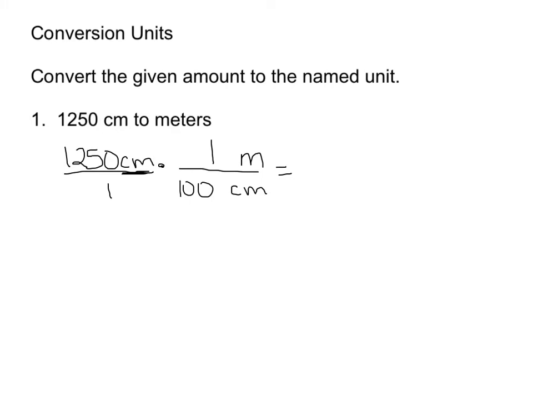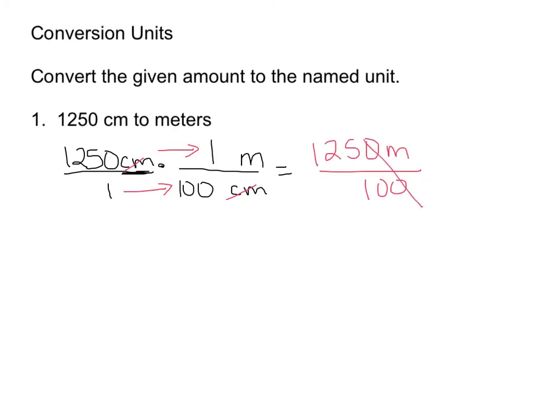And then all we have to do is multiply tops times tops, bottoms times bottoms. The centimeters, basically you have centimeters over centimeters, which cancels each other out or makes a 1. So tops times tops, I have 1,250 meters over 100. There's no more units on the bottom because centimeters canceled out.